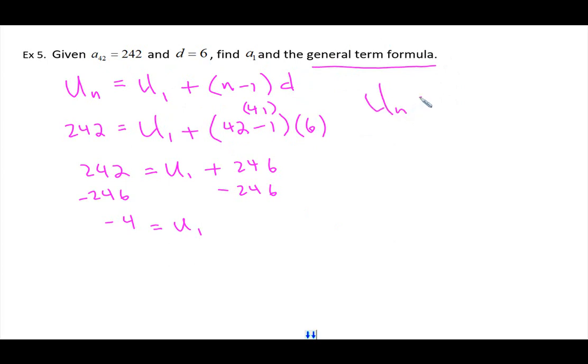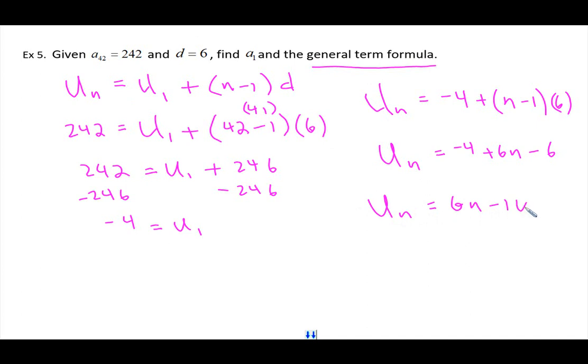So u sub n is equal to the first term, negative 4, plus, which is going to keep the n there, minus 1, and d is 6. So if you distribute the 6, we're going to end up with u sub n is equal to negative 4 plus 6n minus 6. So the general term formula for this information would be 6n minus 10.